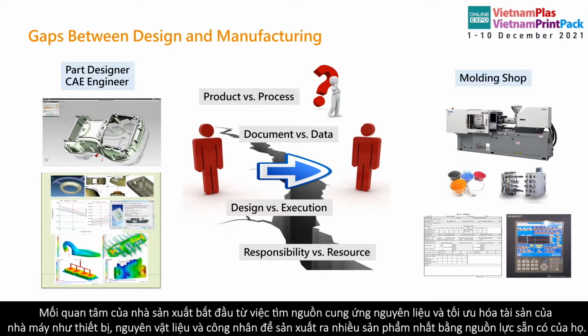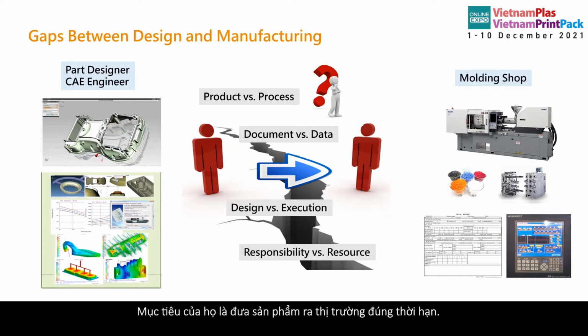Concerns of the manufacturer start with sourcing materials and optimizing the assets of the plant, the equipment, materials, and people to produce the most product with their available resources. Their goal is to get the product out the door on time. Basically, they belong to different worlds with different domain knowledge.